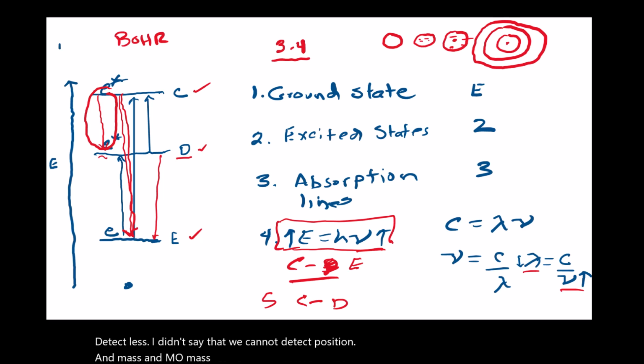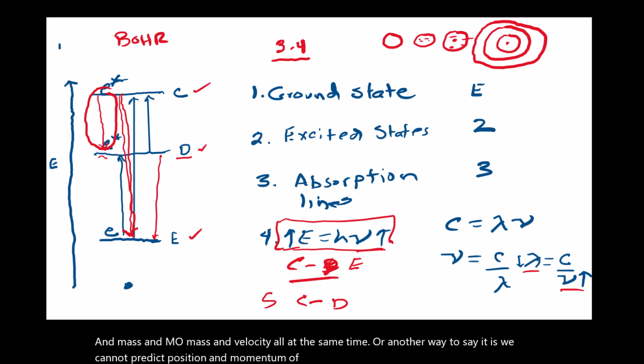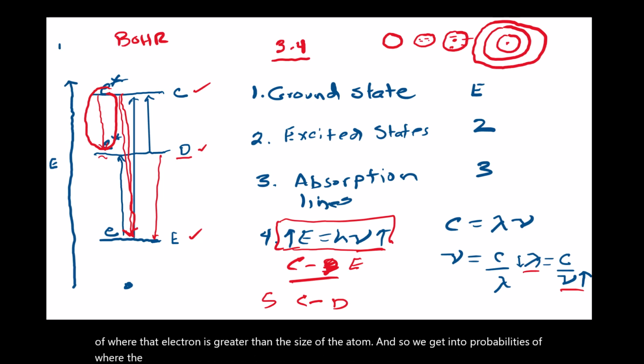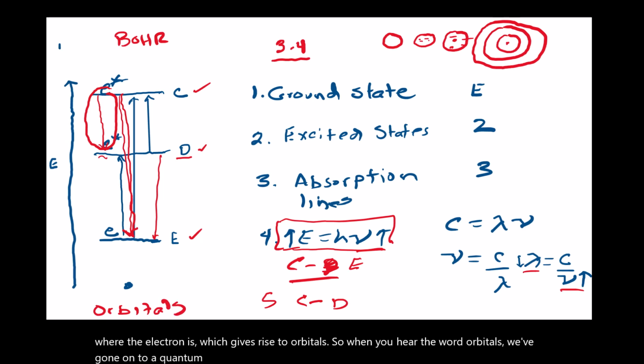Another way to say it is we cannot predict position and momentum of an electron at any given time. We get into probabilities of where the electron is, which gives rise to orbitals. So when you hear the word orbitals, we've gone on to a quantum mechanical model. And in that orbital theory, you have labeled orbitals of S, P, D, and F. That's what we're focused on in this class.